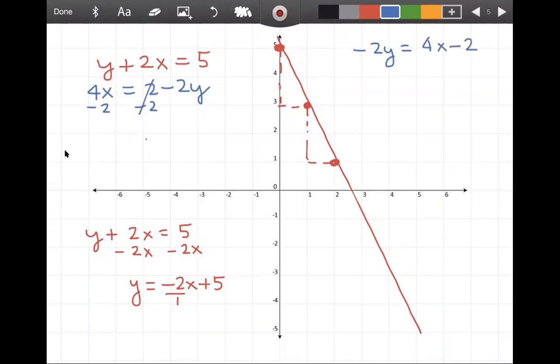And then when I divide everybody by -2, I end up with y equals -2x plus 1. So that has a y-intercept at 0, 1, and a slope of -2, which I will again think of as -2/1. So rise -2, run 1. Rise -2, run 1. We might be able to see what's going to happen in this problem.